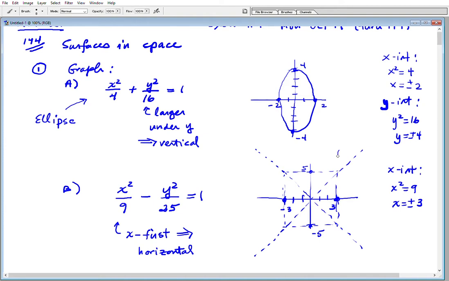So this is y equals 5/3 x. That's one of the asymptotes. So we draw the hyperbola so that in this corner, it starts at the ends and starts straightening out towards these dotted lines.